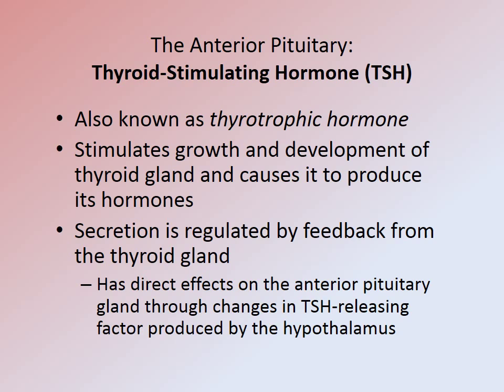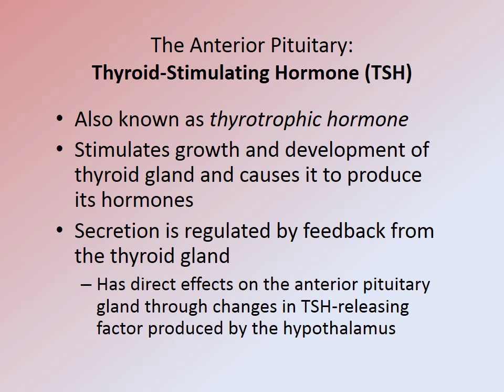The thyroid has to produce a certain amount of thyroid hormone. Once that thyroid hormone gets lower than our body needs, the anterior pituitary gland will produce TSH, so thyroid-stimulating hormone, which will stimulate that thyroid to step its game up and start producing a little bit more so that we can get to that threshold that our body needs.